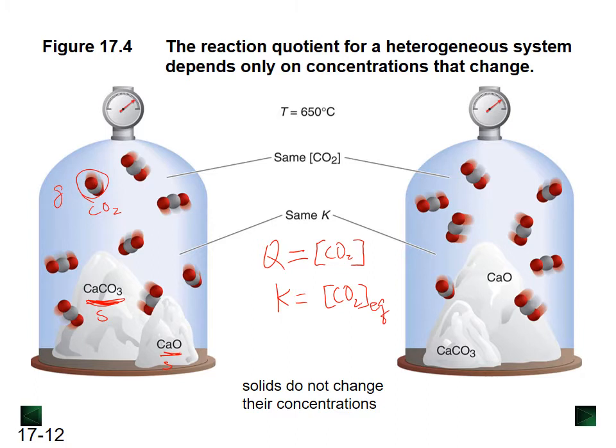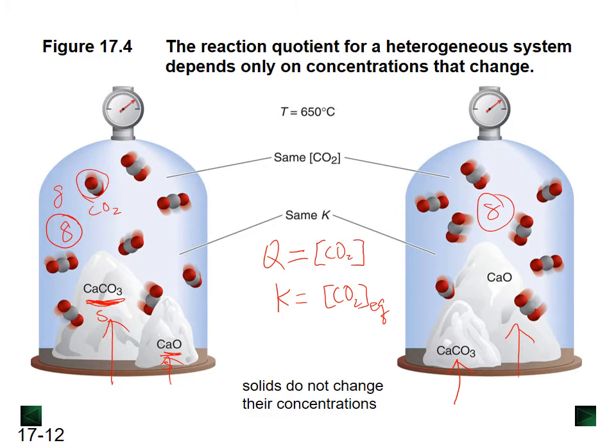If you look at the two diagrams, you can see we have a different amount of calcium carbonate and a different amount of calcium oxide, but the CO2 is the same. If you count, the left side has 8 molecules of CO2. The right side also has 8.